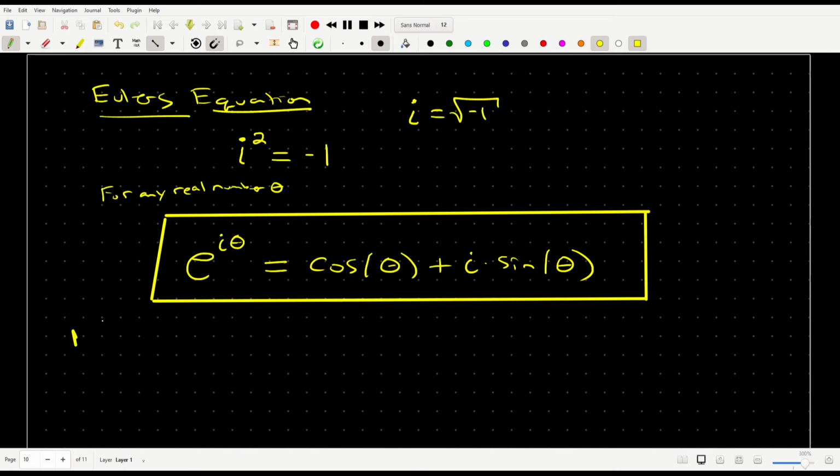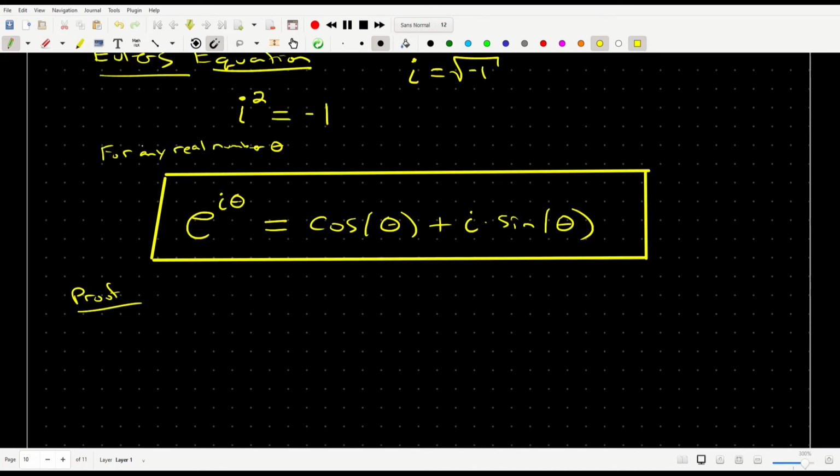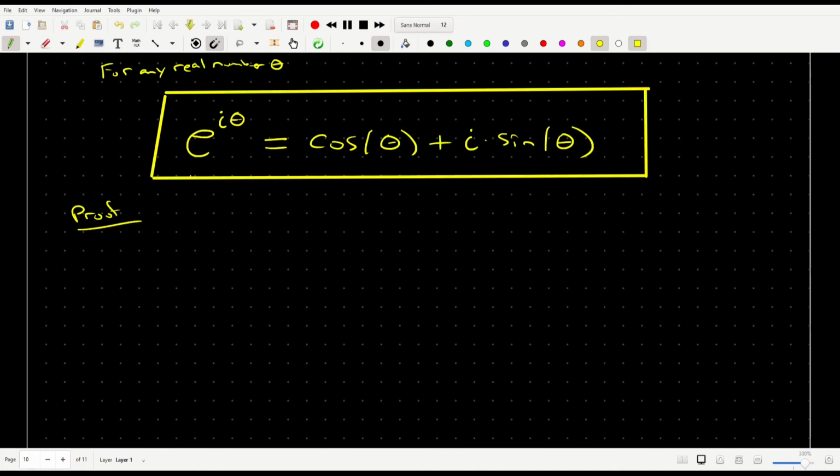And we can show this relatively easily using Taylor series. We know that the exponential function, the cosine function, and the sine function all have Taylor series with an infinite radius of convergence.